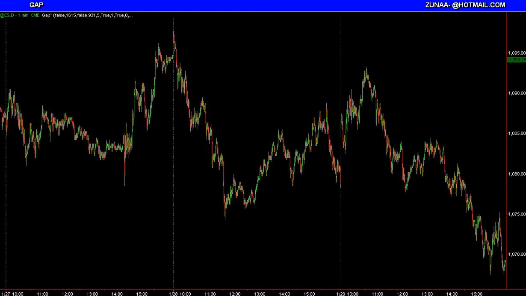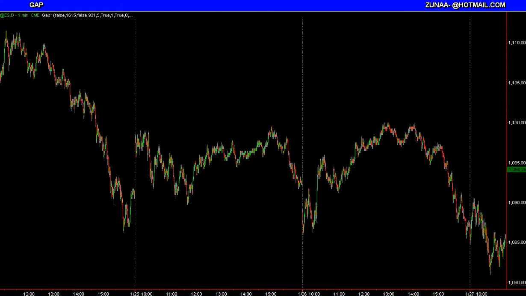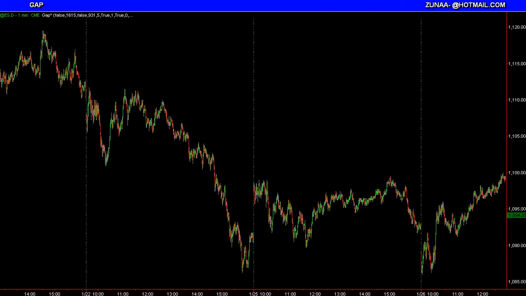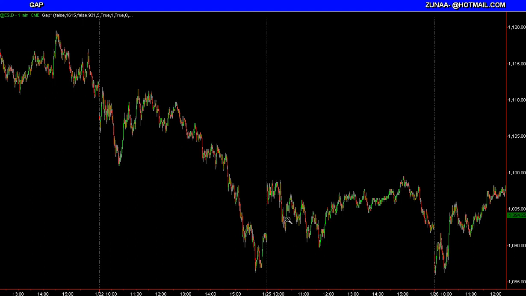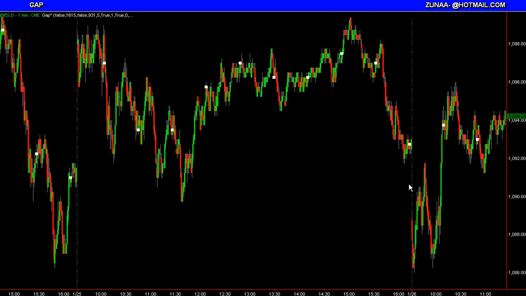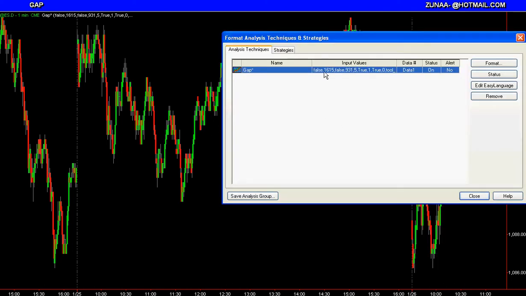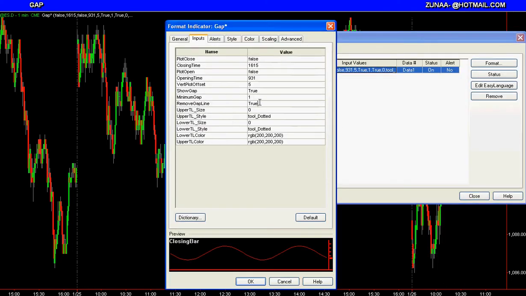It's a simple indicator, and gaps, like as I said earlier, are very important to many people. For example, these gaps have been filled, so the trend line, since we put it to true, has been removed. Let's put it back to false.